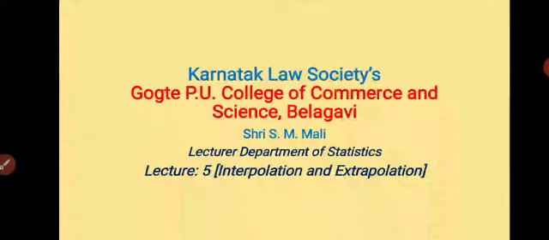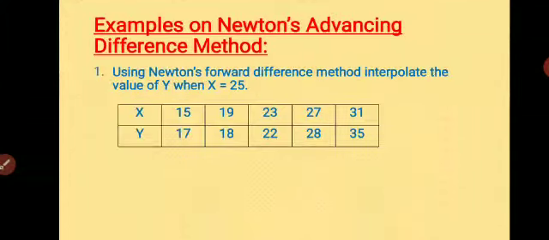In the previous lecture, we have solved the examples on interpolation and extrapolation by Newton's advancing difference method. Today, we will solve some more examples on Newton's advancing difference method.